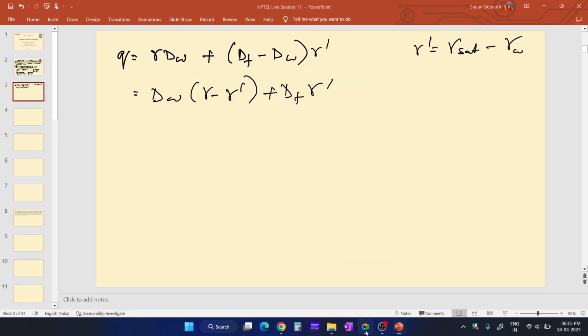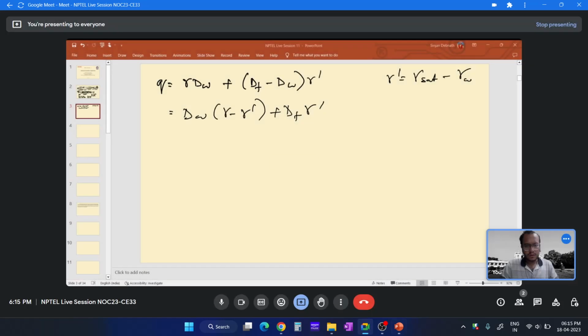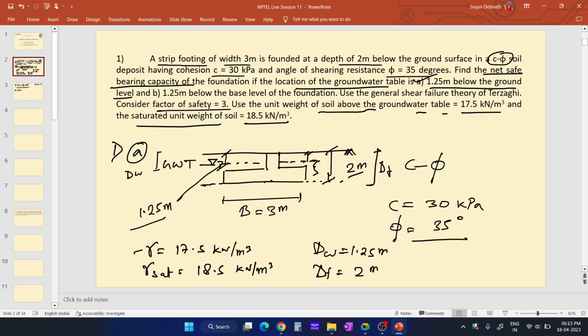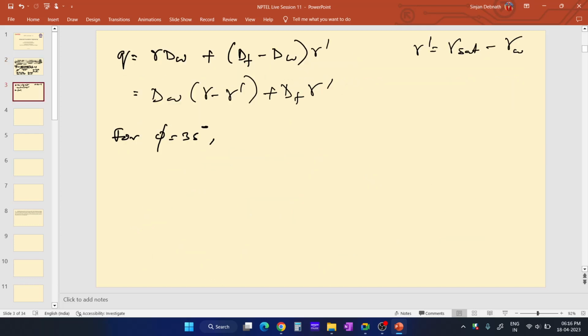So for phi equal to 35 degrees, if you look at the chart, we have been asked to use Terzaghi general shear failure theory. If you look at the bearing capacity factor chart of Terzaghi, you can find the bearing capacity factors for general shear failure. NC is the factor for the cohesion part, the first part of the bearing capacity equation.